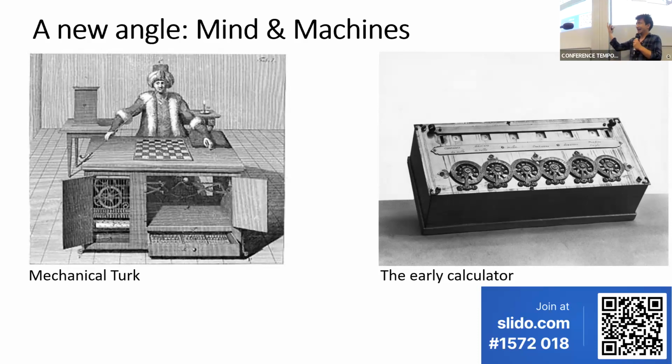A person was within this apparently autonomous machine, and of course the early calculators. And this is no big deal for us today, because it's no big deal that we have apps and phones that can play chess with us.